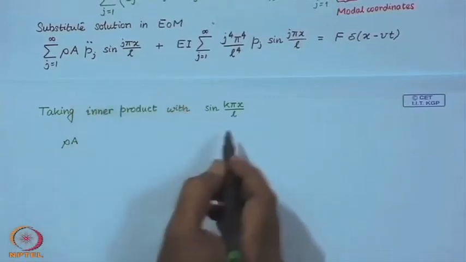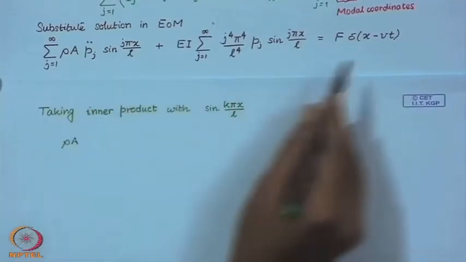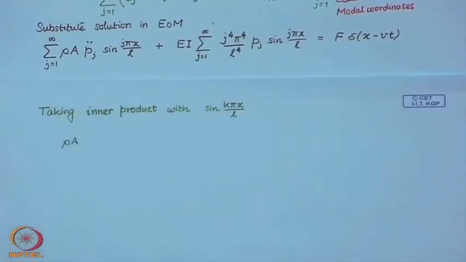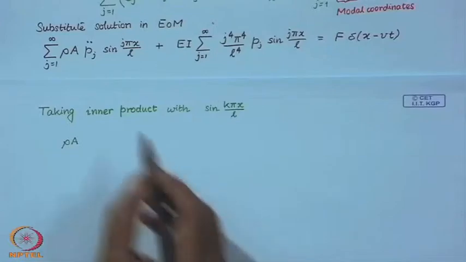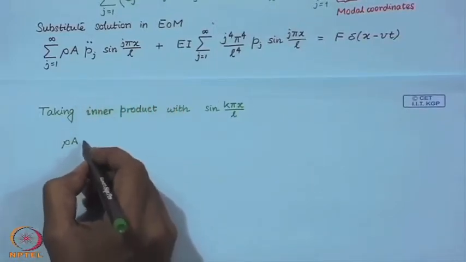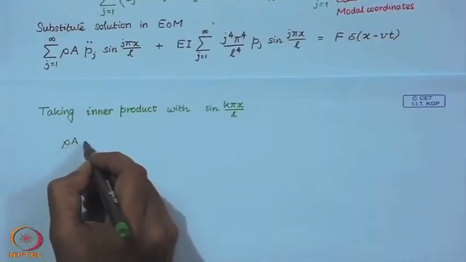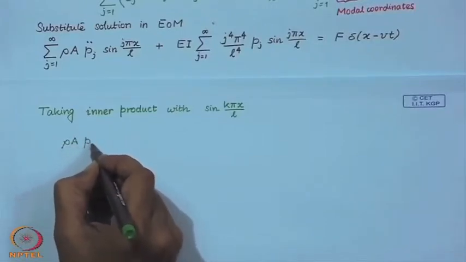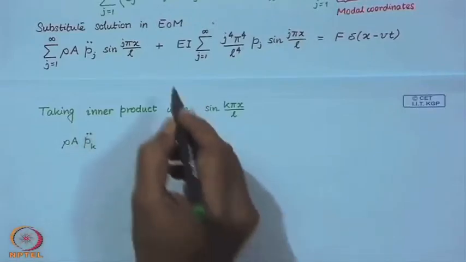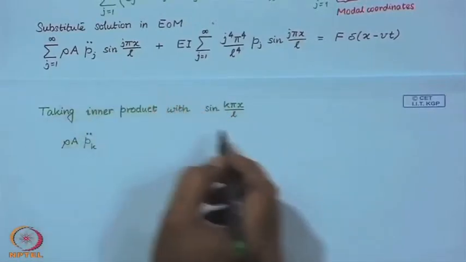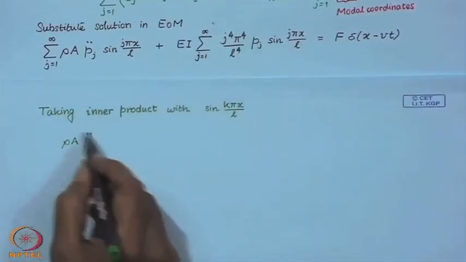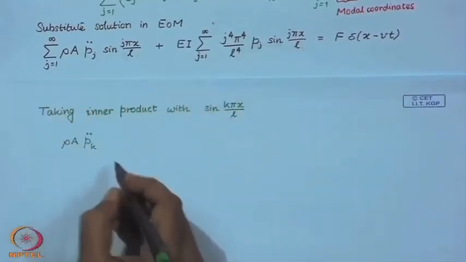Using the orthogonality, we multiply this equation with sin k pi x over L and integrate over the domain of the beam, which is from 0 to L. Now, on account of orthogonality, taking this inner product is going to filter out the kth term in this expansion.